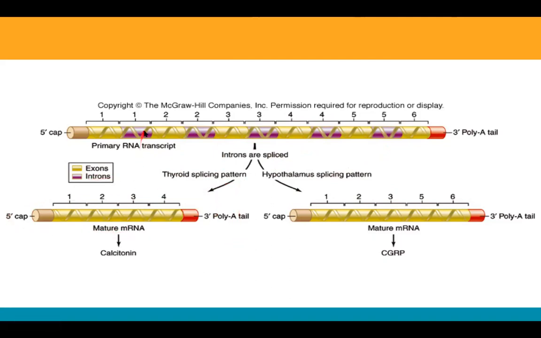For example, when there is intron splicing from the original primary RNA transcript, in the thyroid splicing pattern you would see that the exons found are only 1, 2, 3, and 4, while for CGRP, you have exons 1, 2, 3, 5, and 6 forming CGRP, and this is calcitonin. The reason for the different arrangement of the exons is how the introns are spliced.